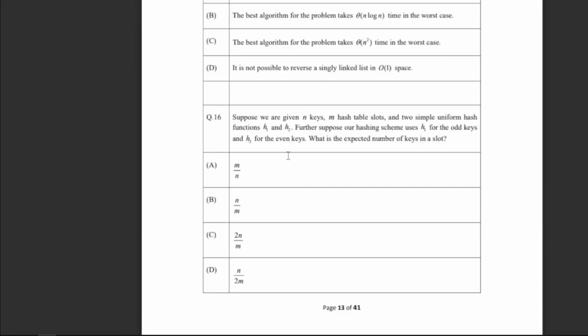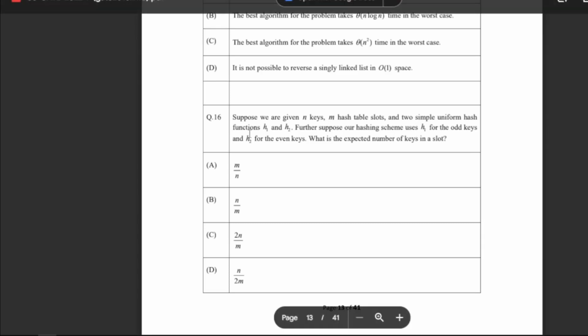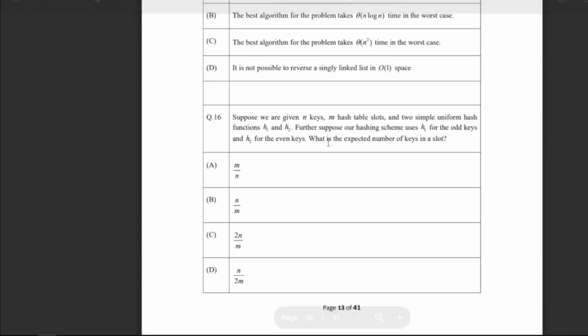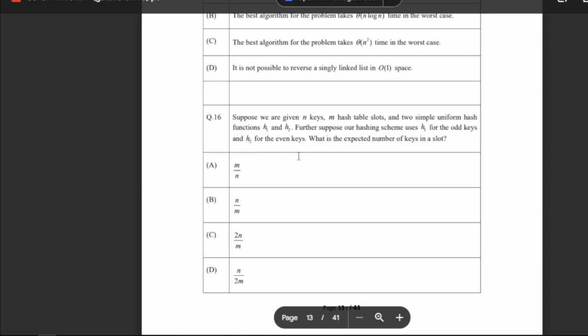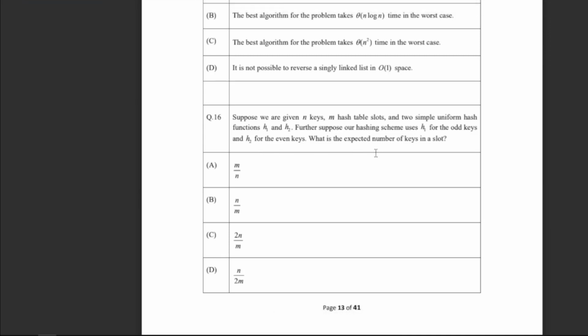16 is, suppose we are given n keys, m hash table slots, and two simple uniform hash functions h1 and h2. Further, suppose our hashing scheme uses h1 for the odd keys and h2 for the even keys. What is the expected number of keys in a slot?